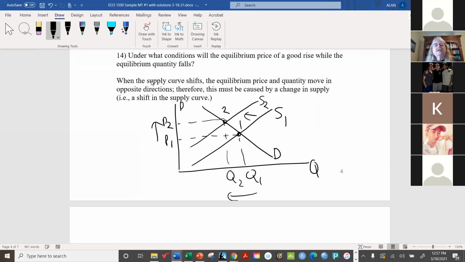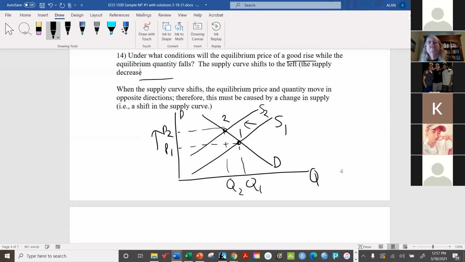All right, and you can see that what we were looking for was that the price went up and the quantity went down. So according to this graph, we would say the supply curve shifts to the left. Or you could also say the supply decreases. Okay, either way, you'll have the right answer. It means the same thing.